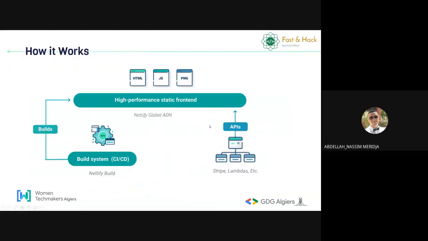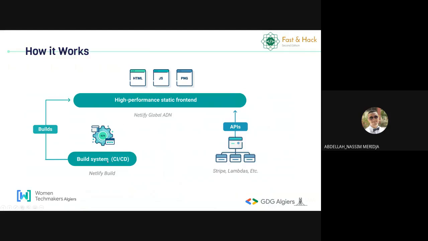So how does JAMstack work? Well, you just build your site statically using a static site generator or, for example, PWA generators like Gatsby, like Next, Vue, and these will provide you with static content like HTML, JS, and assets, PNG for example, which have very high performance because they are optimized.